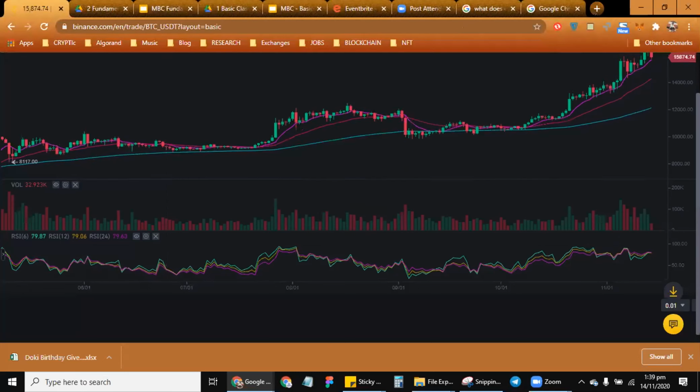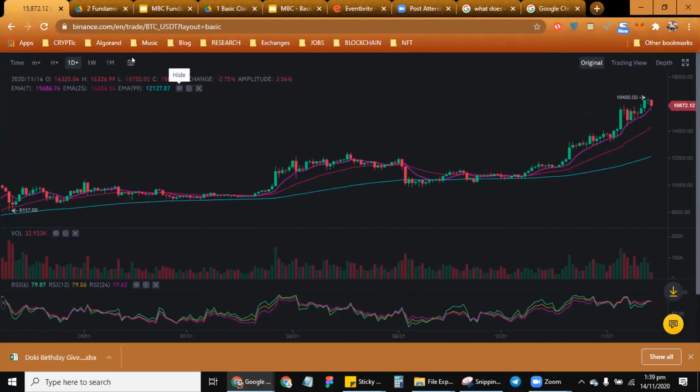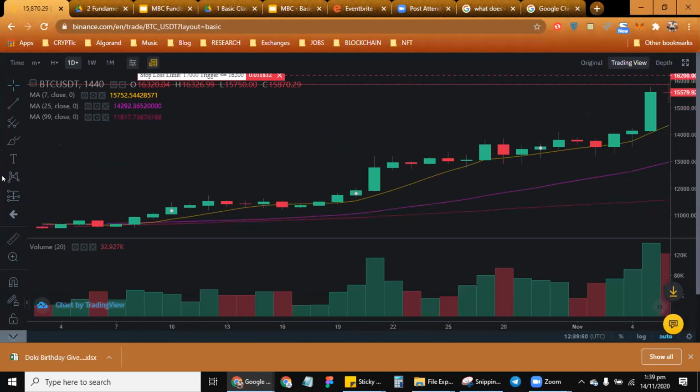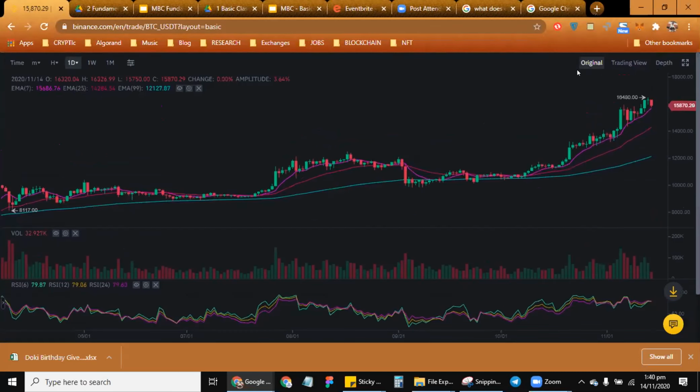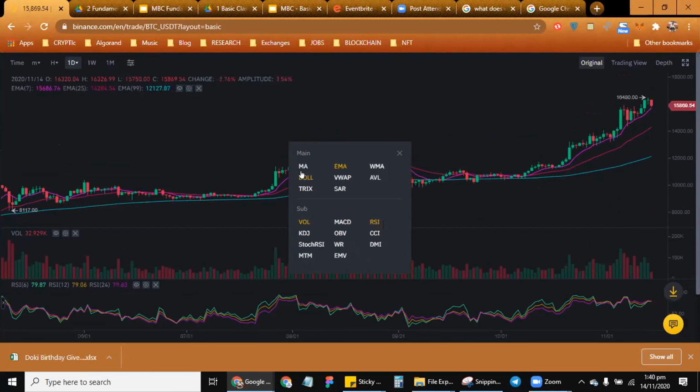So remember again, here is where you get the technical indicators. And when you want to draw your trend line, you come to TradingView, and these guys will open. So let's go back to original. I'm not here to draw a trend line. I want to show you how to use the moving averages.